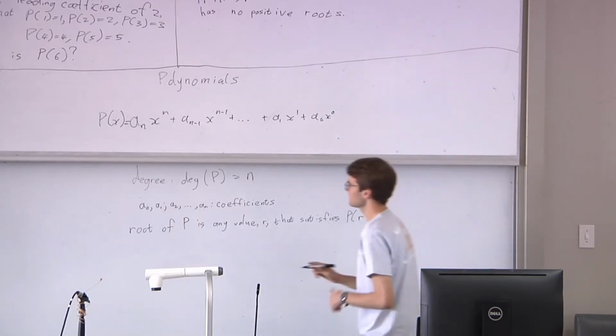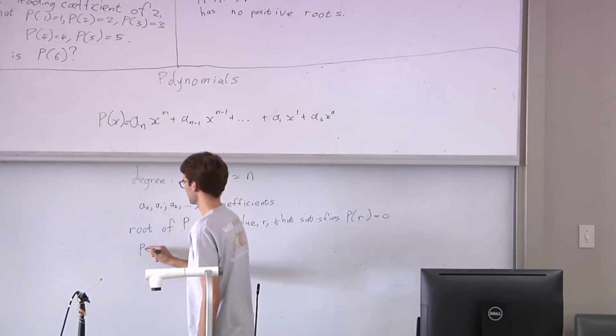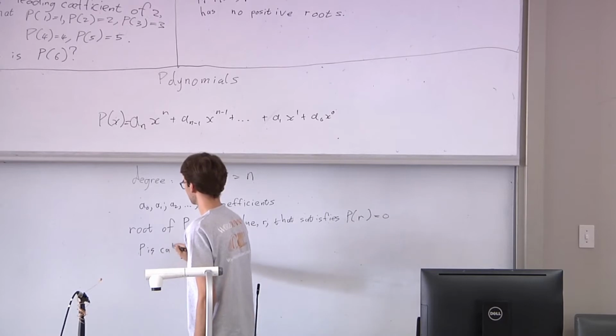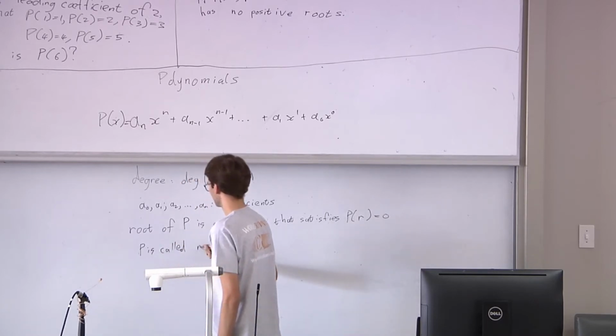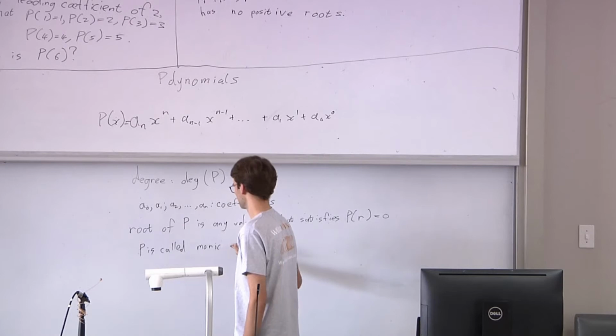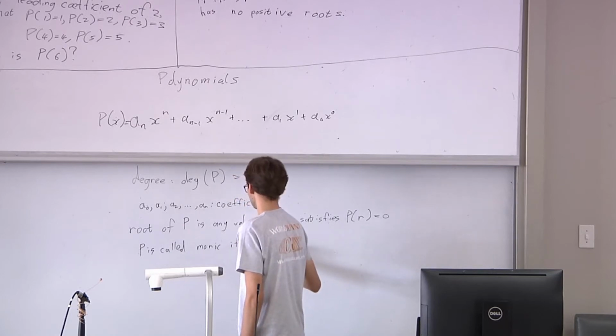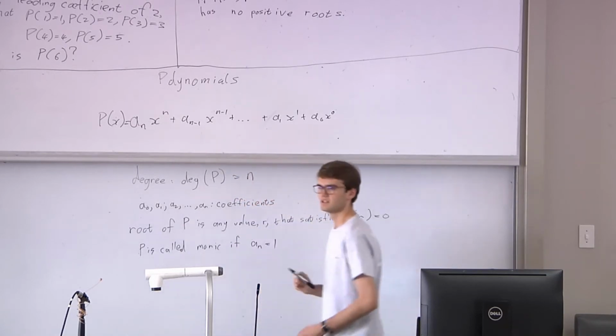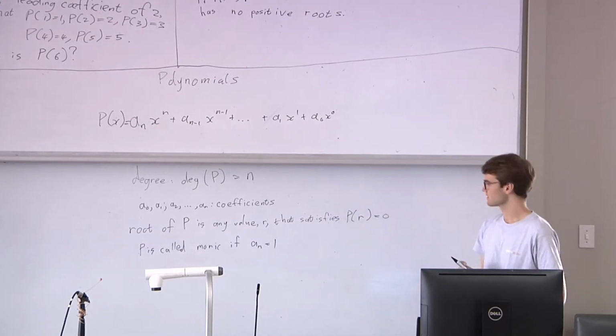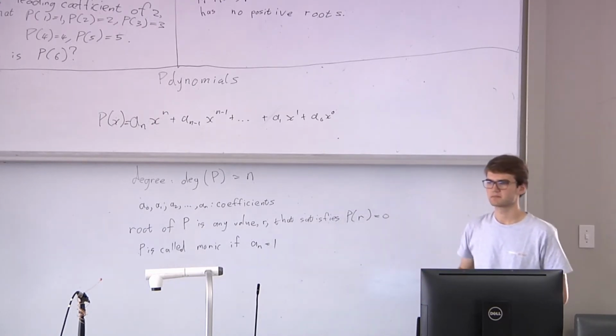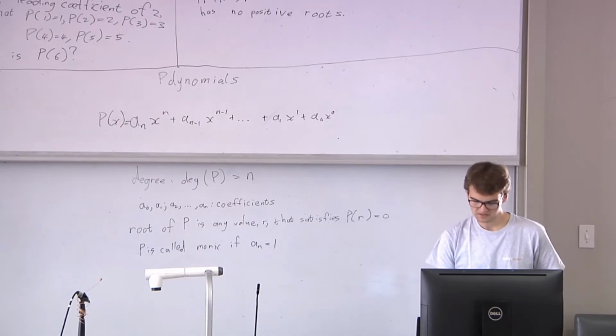And p is called monic if a_n is equal to 1. Okay. Just that term sometimes comes up, so it's useful to know what it means.